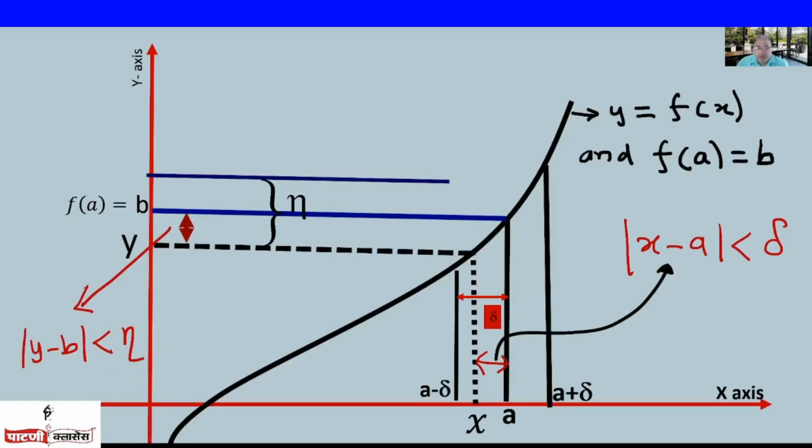So we have defined here two things: the magnitude of x minus A less than delta, and the magnitude of y minus B less than eta.